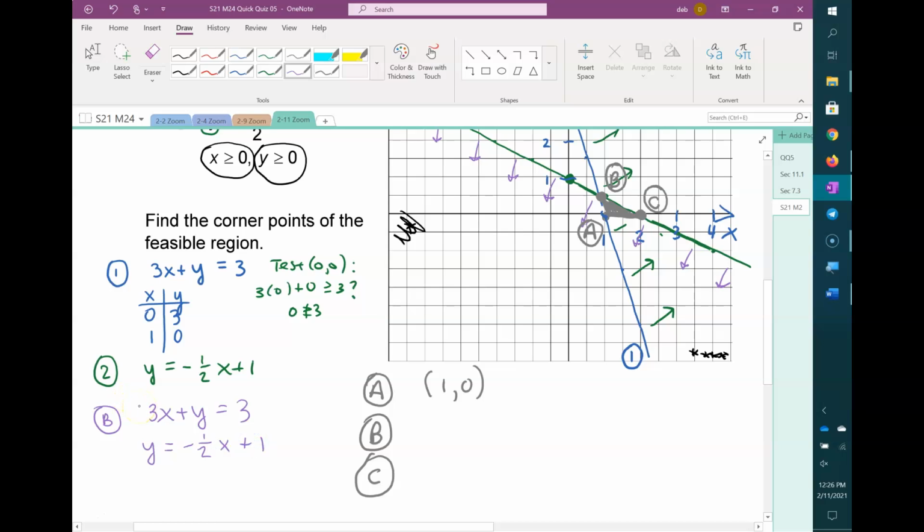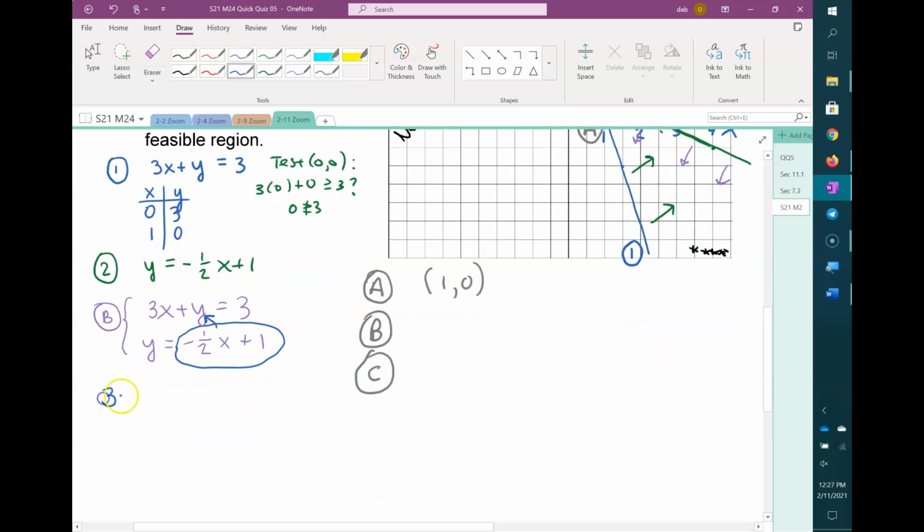Finding the point of intersection of two lines is exactly the same as solving the system of equations. So this is a system of linear equations, and I'm going to use the substitution method because the second equation is already solved for y. I substitute that into the first equation in place of the y, and get 3x plus -1/2 x plus 1 equals 3.